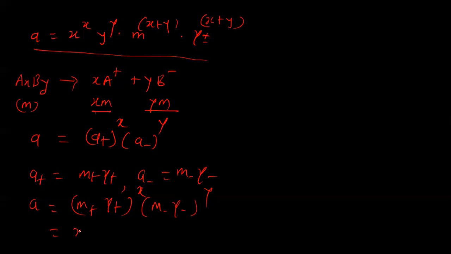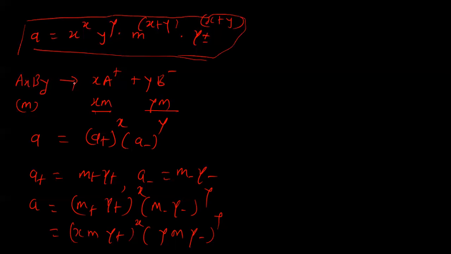So it is X into M into gamma plus raised to X, and Y into M into gamma minus raised to Y. By simplifying this, we get this equation. So this is the general expression for the activity of the electrolyte.